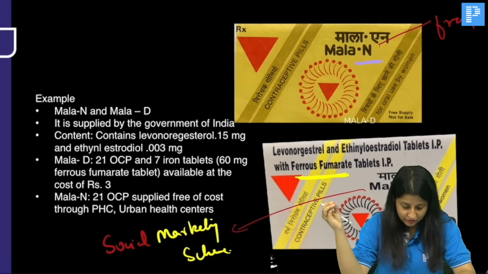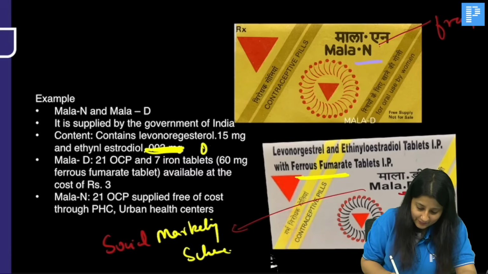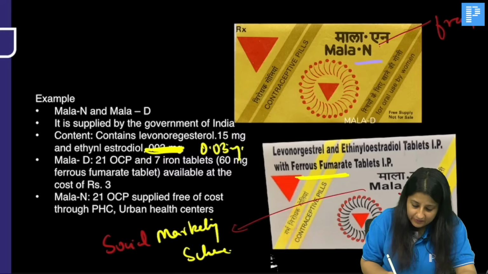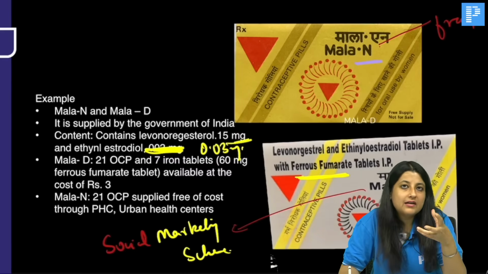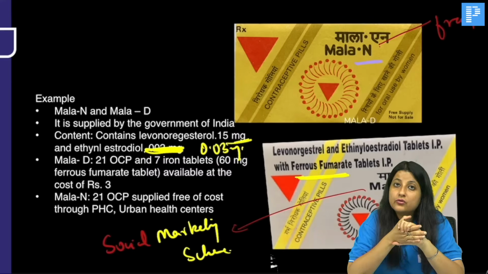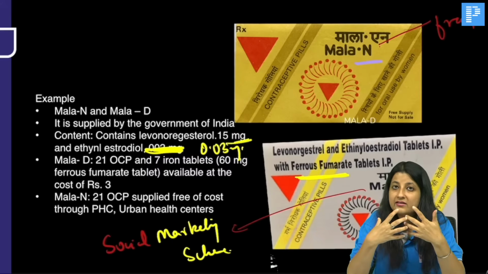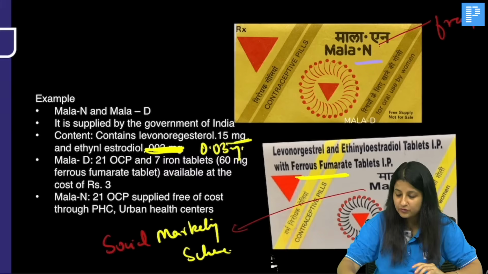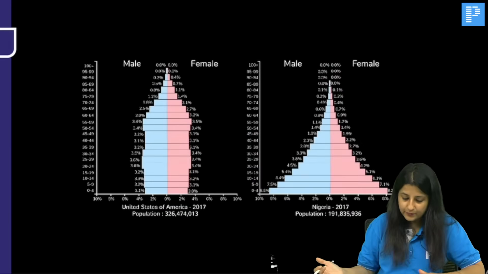So ethinyl estradiol 0.03, sorry, ठीक है, and levonorgestrel 0.15 mg. और जो private pharma clinics में we get the OCPs, it has even lower ethinyl estradiol 0.02 milligram, because estrogen leads to all the heart problems. ठीक है, progesterone leads to metabolic disturbances. Clear? Okay.